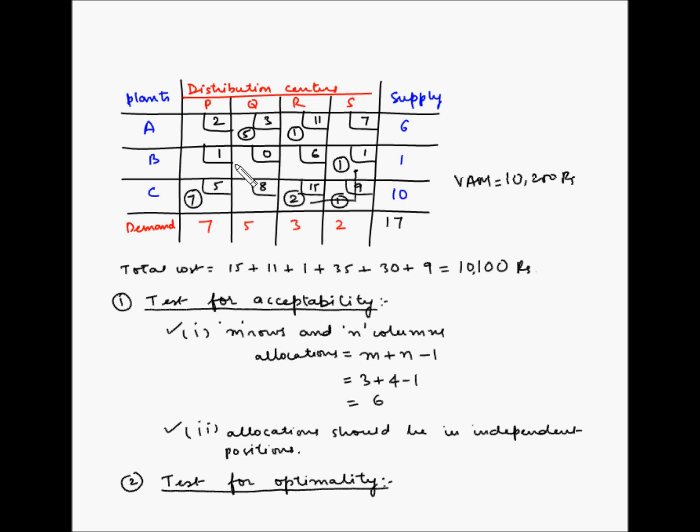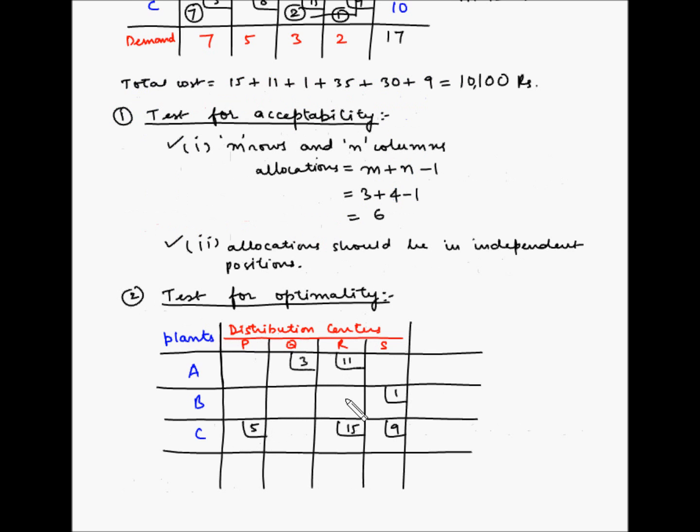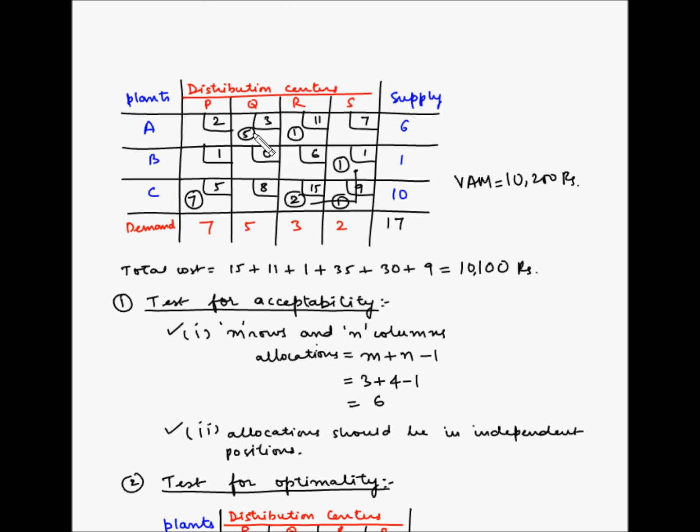So first we'll take the cells where the allocations have been made. So in our case the table will look like this. So what I've done is I have noted down the unit costs associated with the cells for which allocations have been made. So for example, AQ, AR, BS, CP, CR and CS.